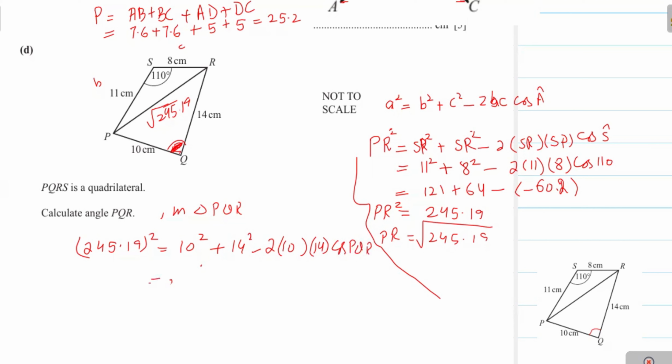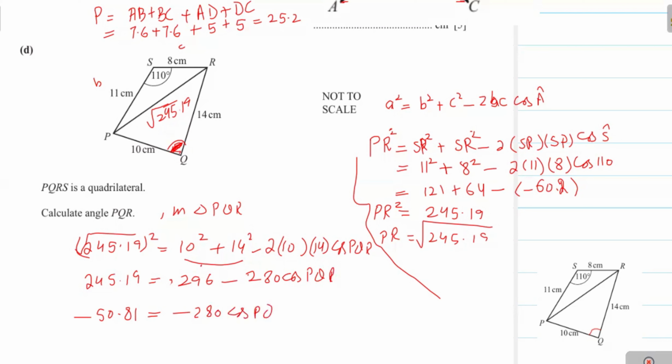Now we can write this value: square root of 245.19 squared will be 245.19. This is 296 minus 280 cos PQR. So 245.19 minus 296 equals minus 50.81 minus 280 cos PQR.